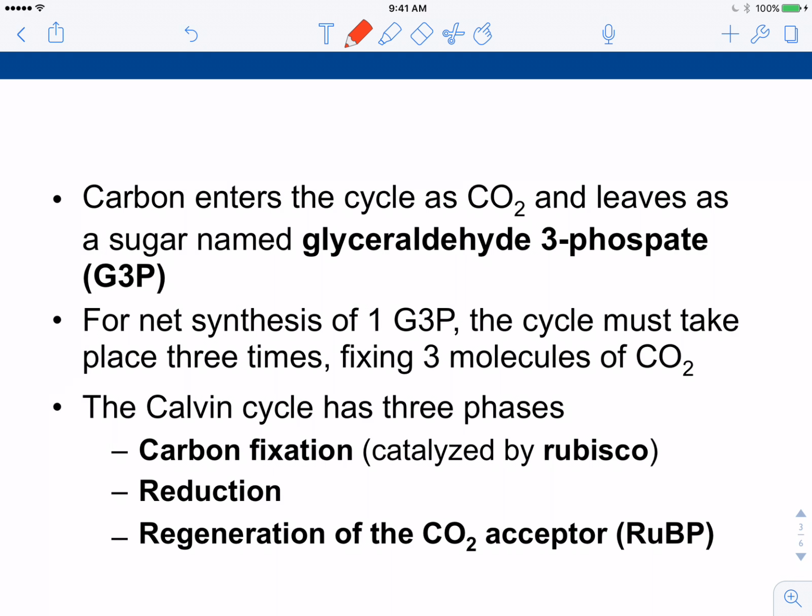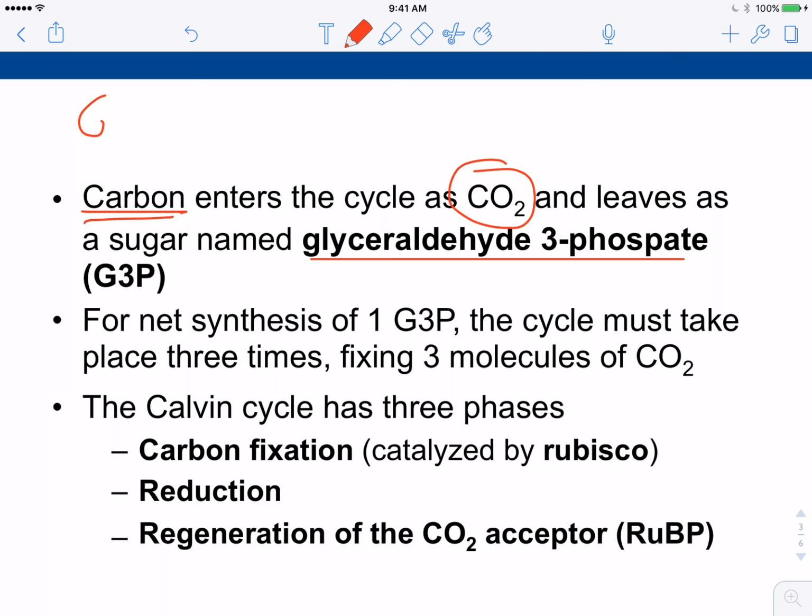Okay, so how the Calvin cycle works. Carbon enters the cycle as carbon dioxide and leaves as a sugar named glyceraldehyde 3-phosphate. And if you remember, this is one of the intermediates in glycolysis, G3P.